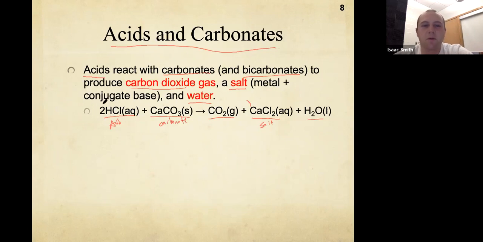And so when you have heartburn, some of your stomach acid is coming up your throat and it gives you that burning sensation. Some of you may have had it, some of you may not have. But when you take the Tum, it's going to go into your throat and mix with the HCl. It's going to produce carbon dioxide, a salt, and water.